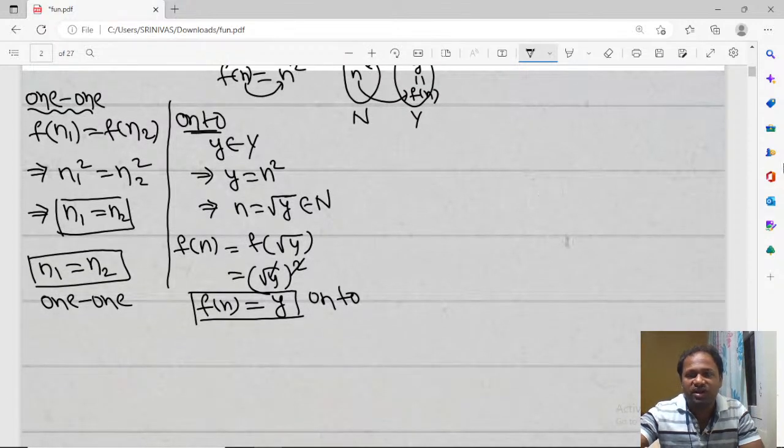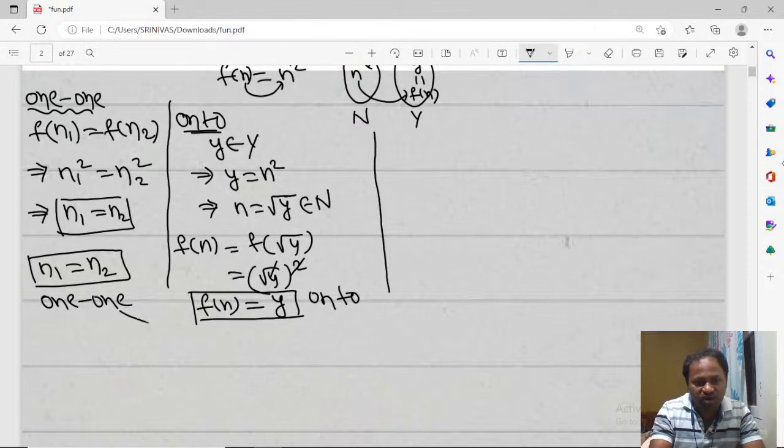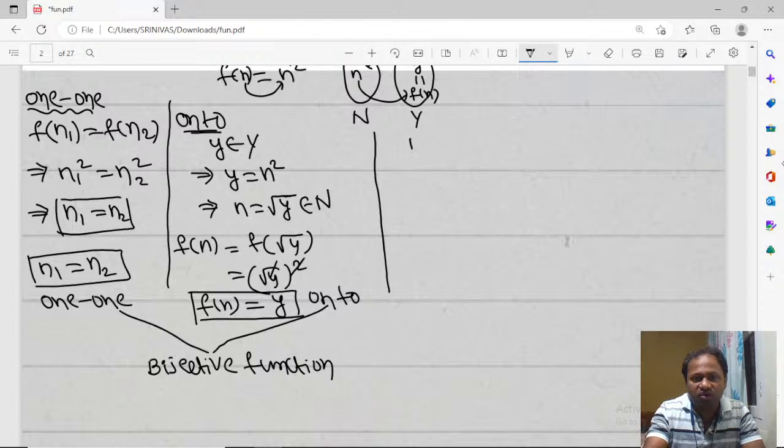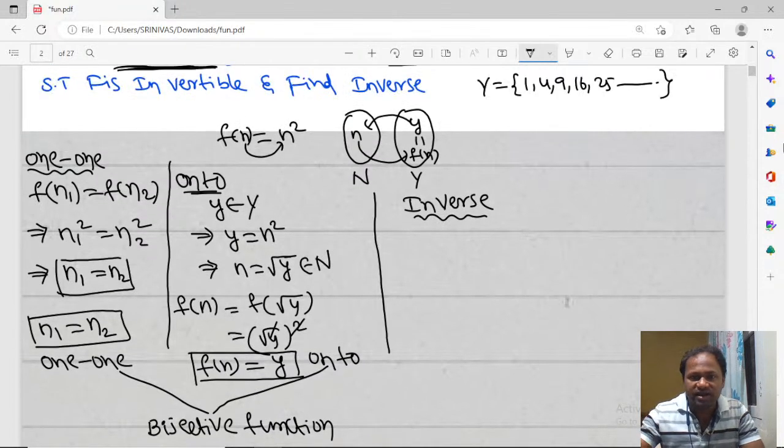F of n is equal to y means onto. So whenever it is one-one as well as onto, it is a bijective function. Bijective function means the inverse will exist. So now I will find the inverse. As I said, the inverse is the same as the onto function. For that, I will take y is equal to f of n.